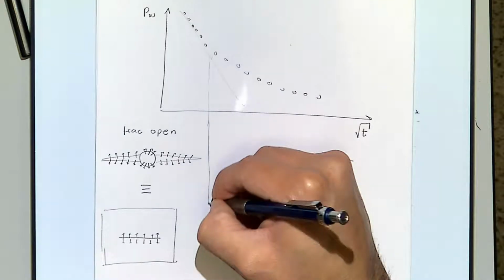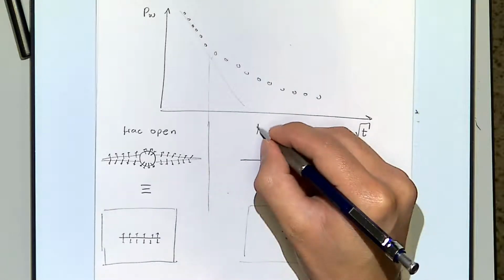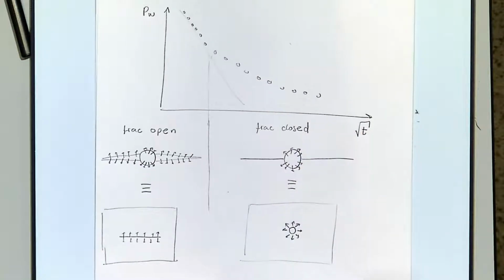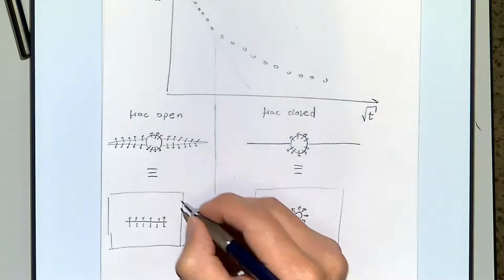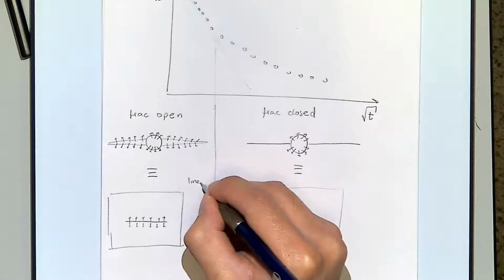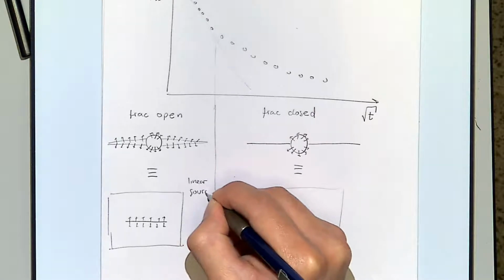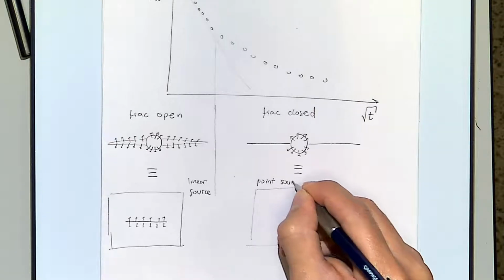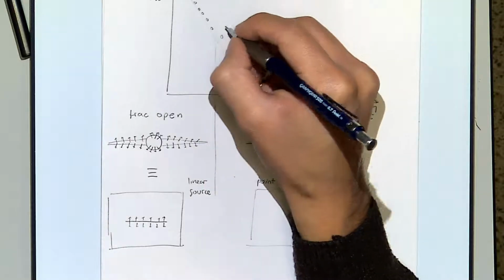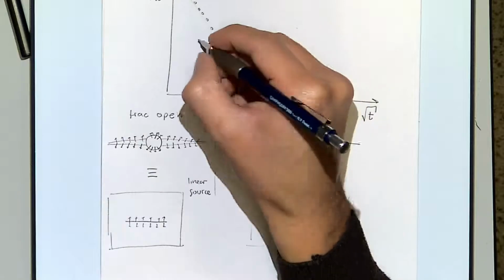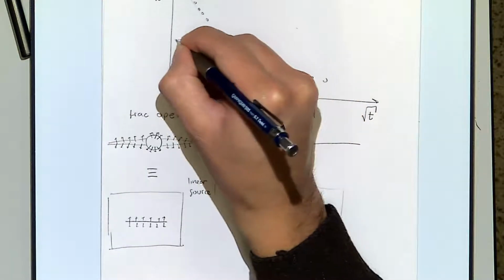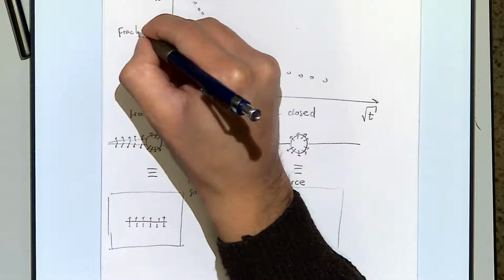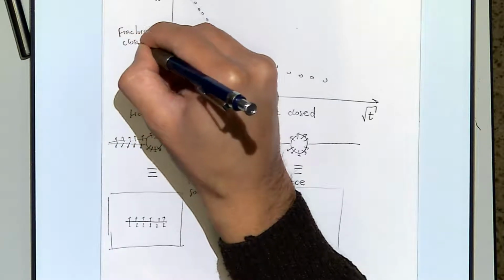This point that separates the fracture being open from being closed, the same as having a linear source or a point source, is what is going to allow you to measure the value over here, which is going to be your fracture closure pressure.